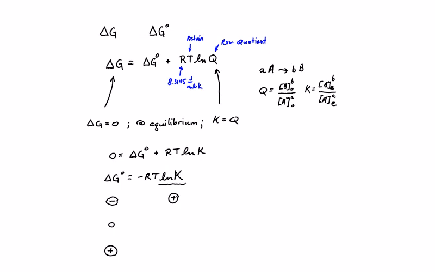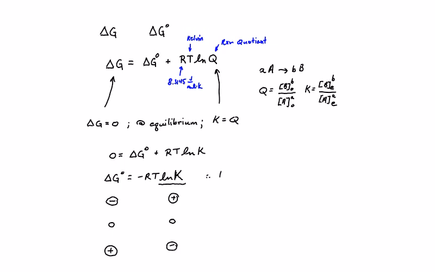Because we know that temperature is always going to be positive, R is going to be positive. So the only way that delta G can be equal to 0 is if the natural log of K is equal to 0. And the only way that delta G can be equal to a positive number is if the natural log of K is equal to a negative number.